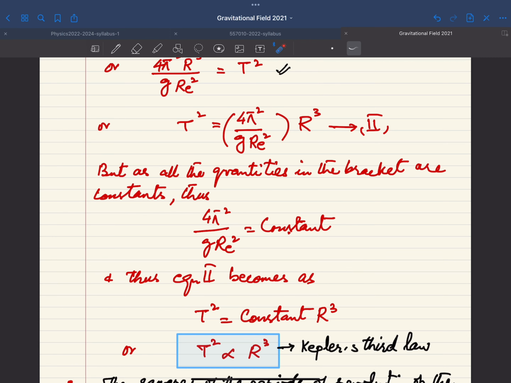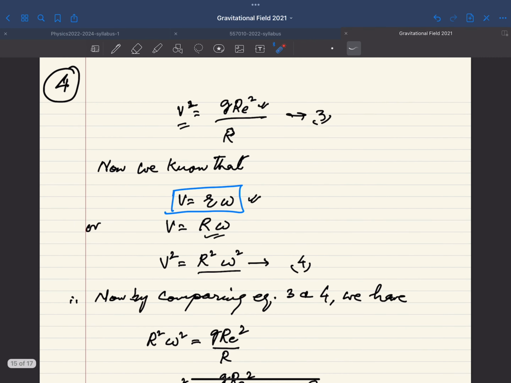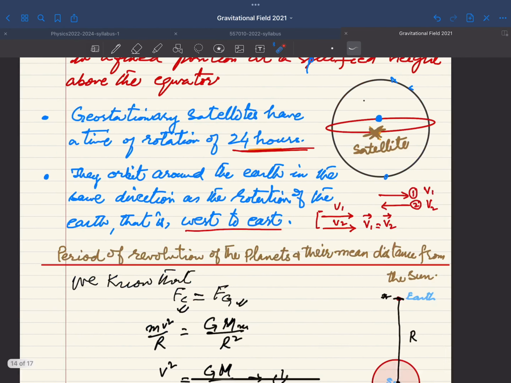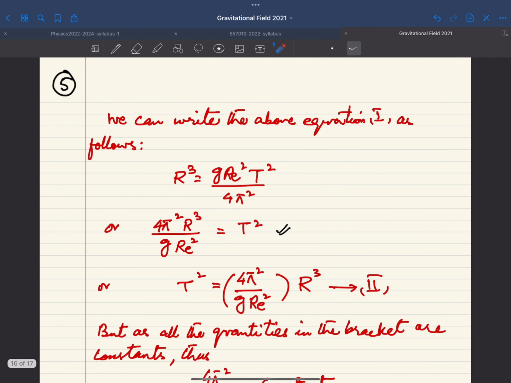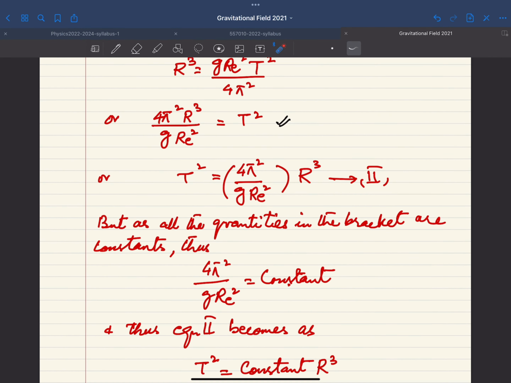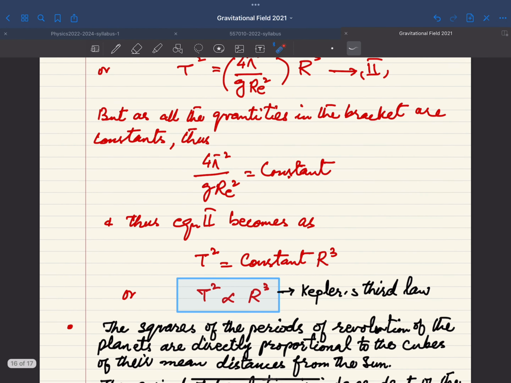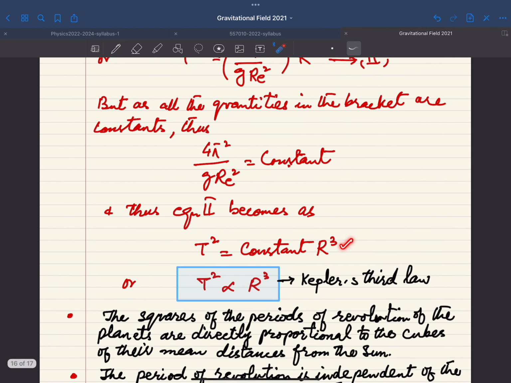If you consider the earth, then this will be the radius of the earth. So if you are considering the situation of the sun and the earth, then instead of RE you will write RS, but if you are considering the earth, we will write RE. And of course the ultimate equation we have is T square is proportional to R cube.